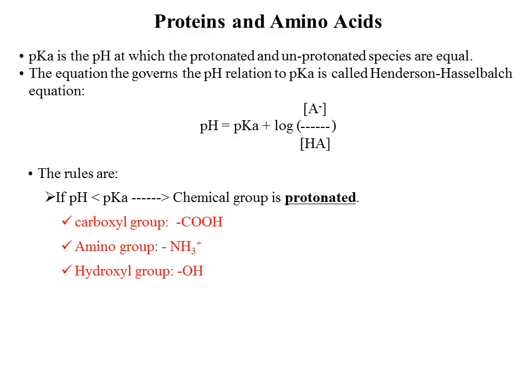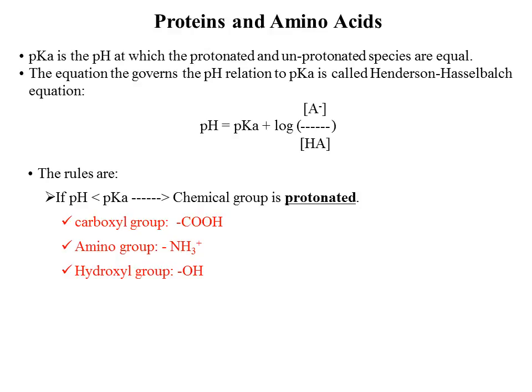If the pH of the environment of that amino acid or protein happens to be smaller than the pKa value, okay, that means acidic, that means everything is protonated. That means that group is protonated. Okay? That's a rule that we need to know.